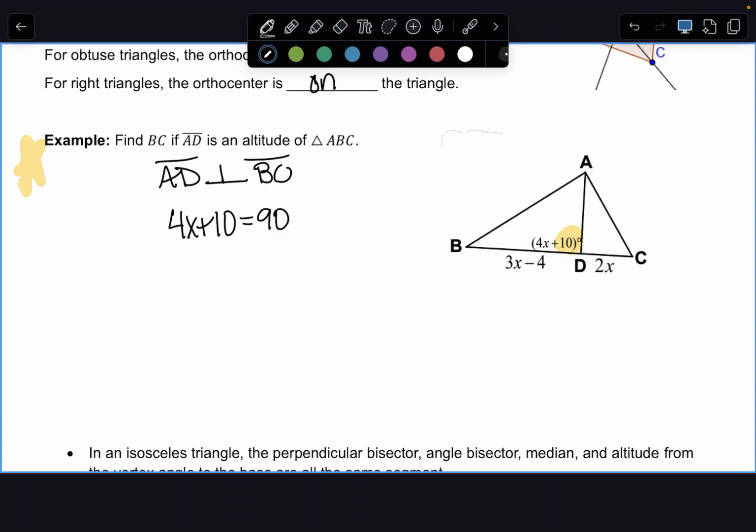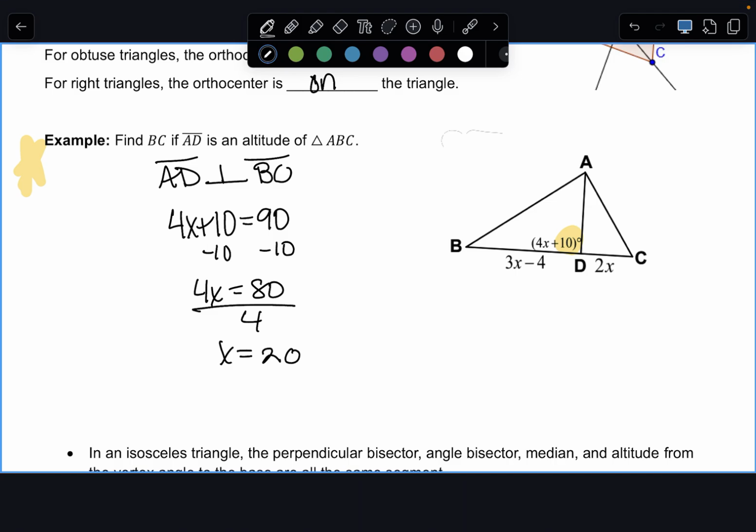Solve for x by subtracting 10. We get 4x is equal to 80. Solve for x by dividing by 4. We get 20. But the question wasn't asking to find x. It said find BC.